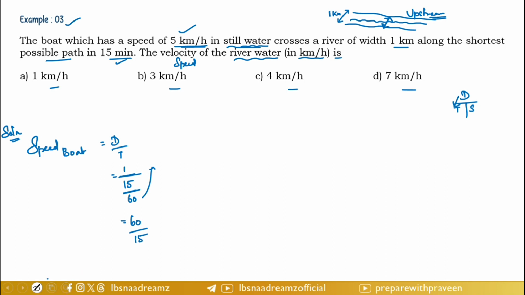We know that 15 fours are 60, right? So it is equal to 4 kilometer per hour. So let us find the velocity of the river water.